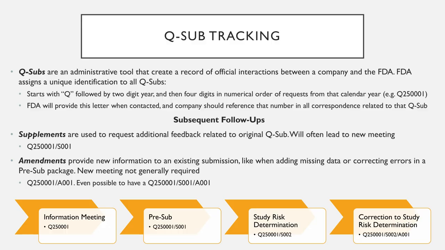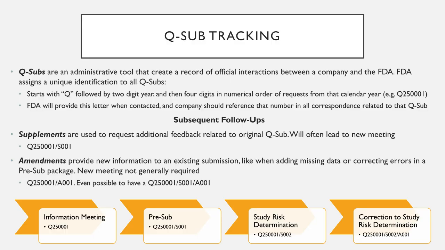And so, for instance, you could have this long flowing pathway where you first have your informational meeting, then you supplement that with an official pre-sub. Then you maybe do your study risk determination, which is your second supplement to that original Q-sub number. And then, after you're submitting some document, you have to amend those because you have a correction to your study risk determination.